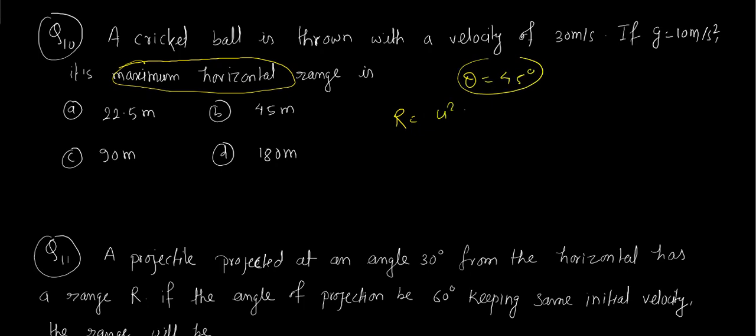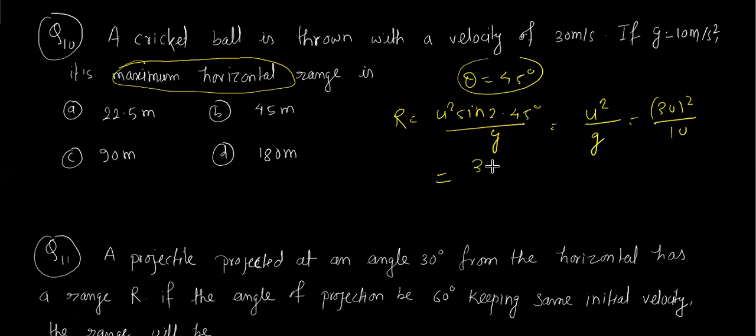It can be written as u square sine 2 times 45 degree by g, which is u square by g. If we substitute the values, 30 square by 10, which is 900 by 10, equal to 90 meters. So our answer is 90 meters.